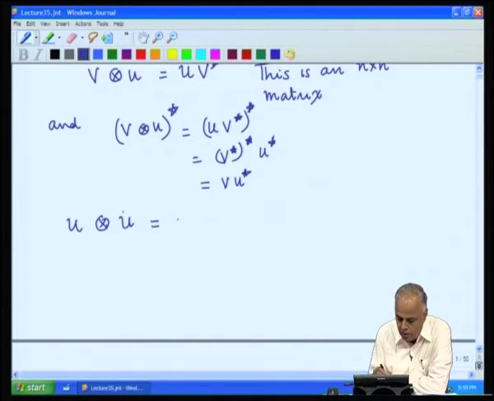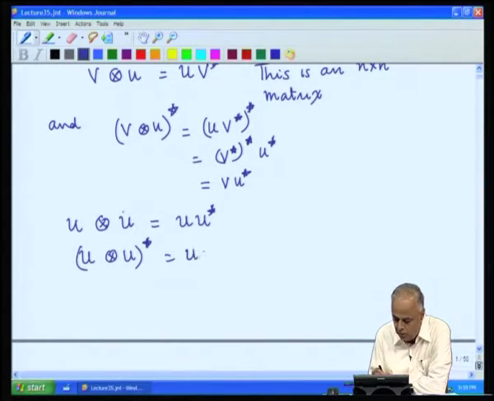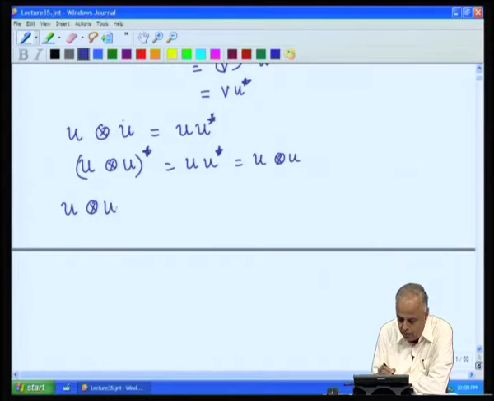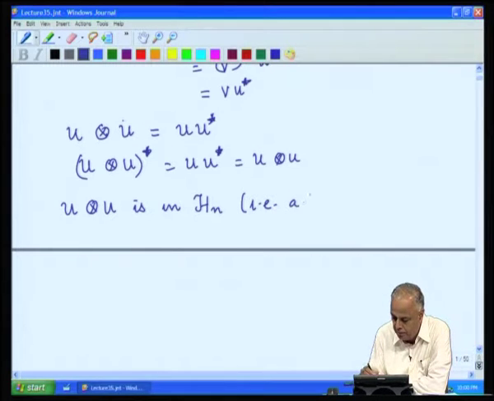Then we get U tensor U as U U star, and since U equals V above, U tensor U is a Hermitian matrix. So, U tensor U is in Hn.